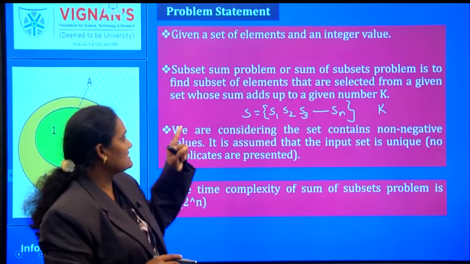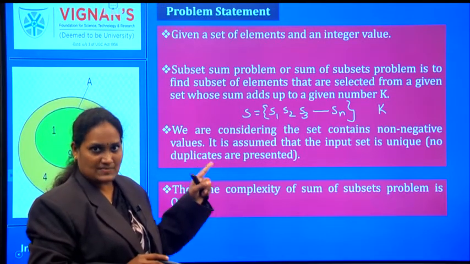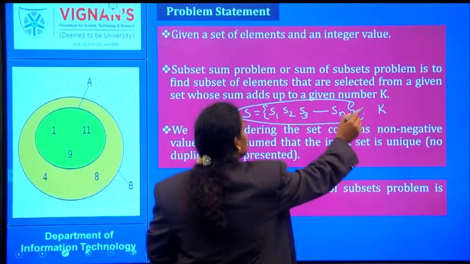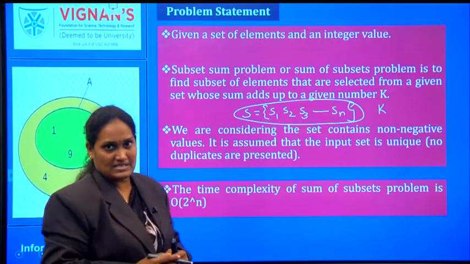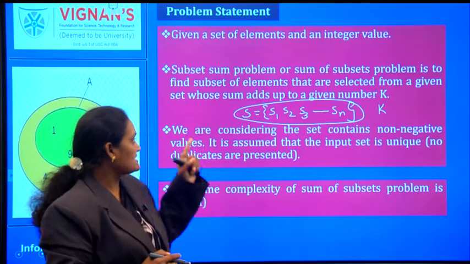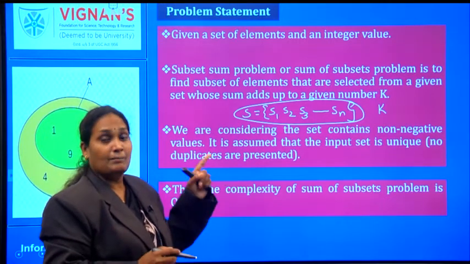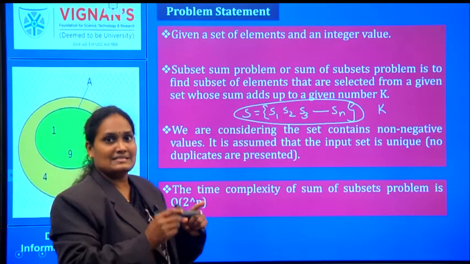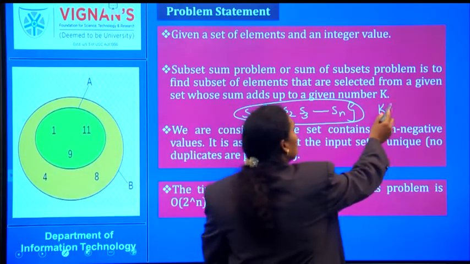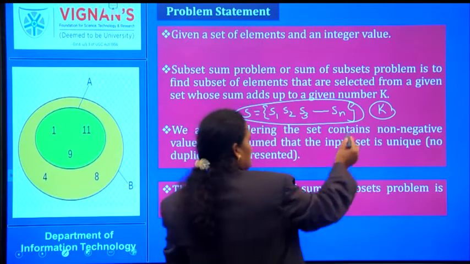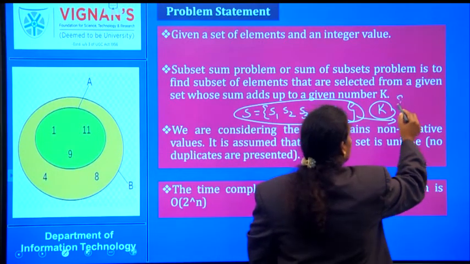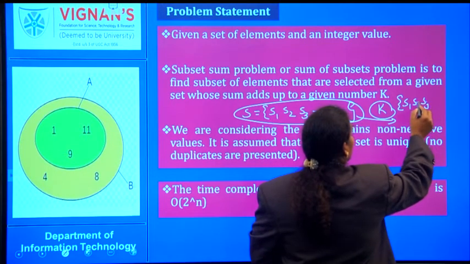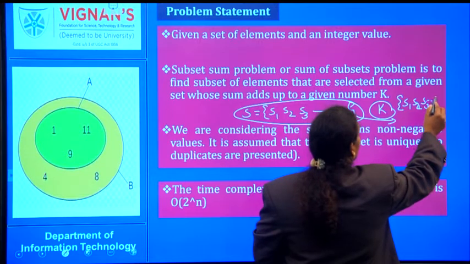What is the sum of subsets problem? It is to find a subset of this set such that, by adding the elements of that subset, the sum is equal to the given integer k. That is, we are going to find a subset of this set, for example s1, s2, sj and so on, sk.